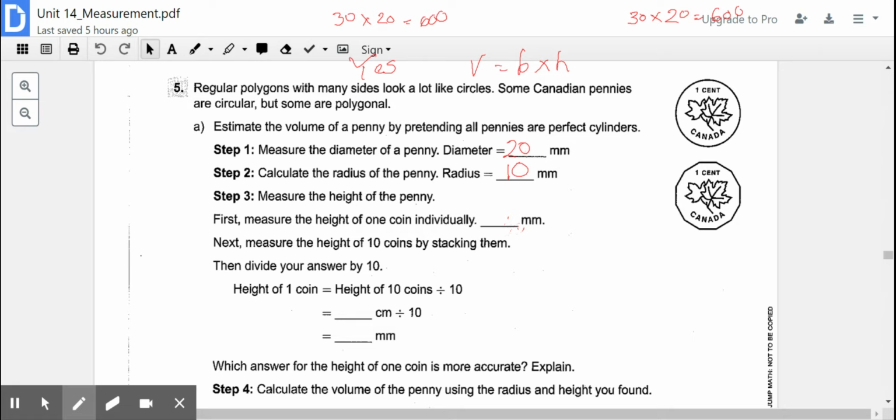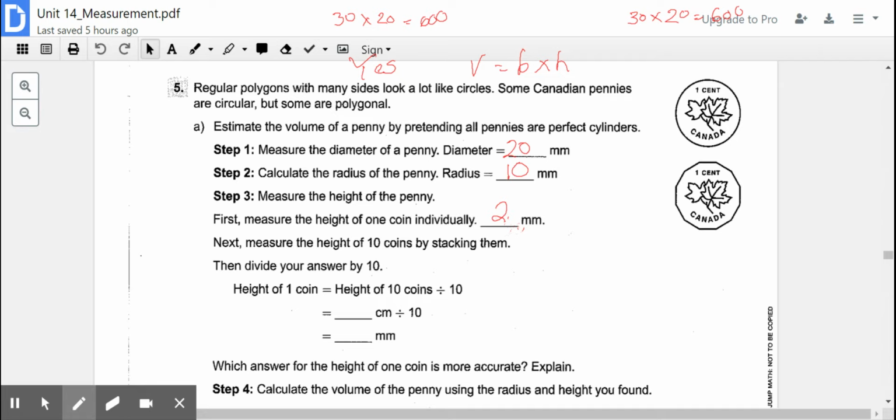Next, measure the height of the penny. They don't really give us the height of a penny, but I've got a penny in my drawer here. The height of a penny is about 2 millimeters. I think I'm doing this right. Next, measure the height of 10 coins by stacking them, then divide your answer by 10.